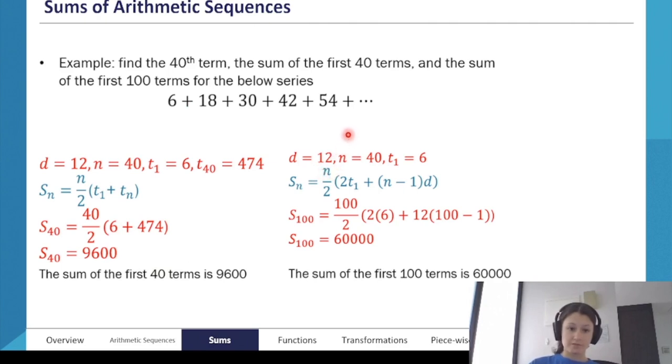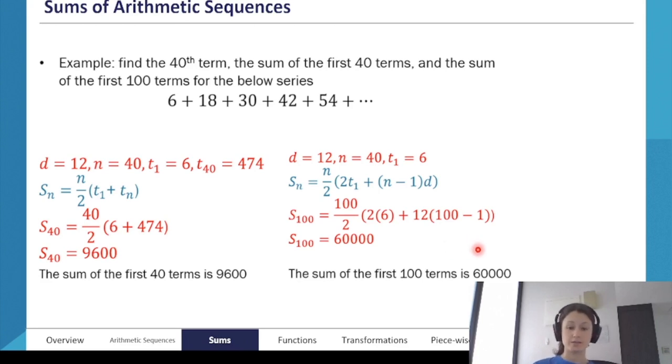But now we need to find the sum of the first 100 terms. Now, we don't already know T100, which means we can use this longer equation. And we're going to sub in n equals 100, our first term 6, 12 is our difference, multiplied by 100, take 1, which gives us 60,000.